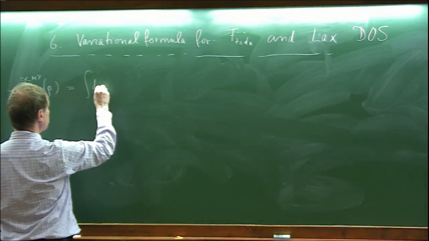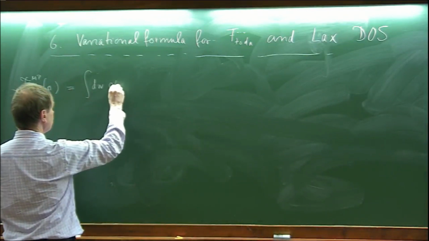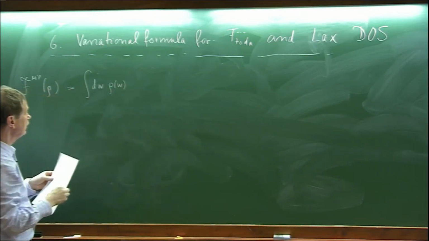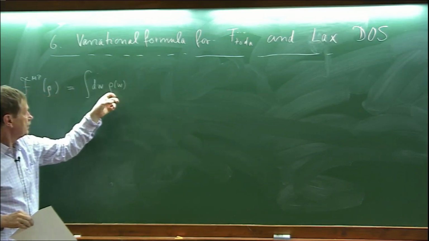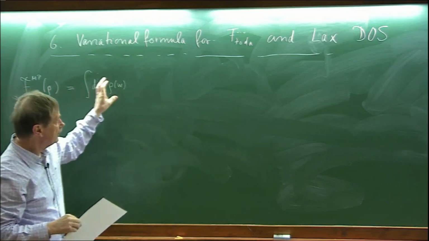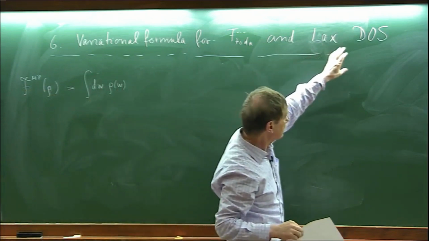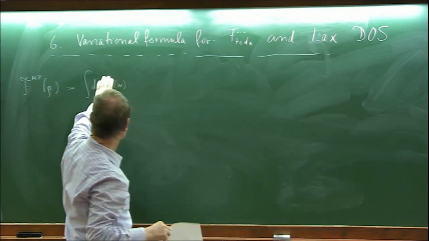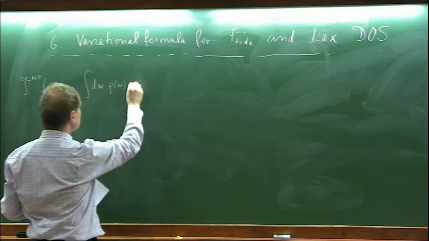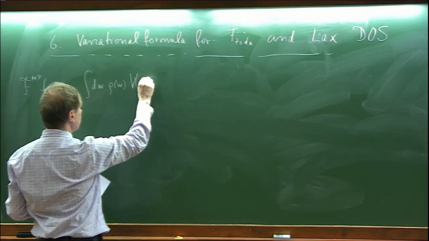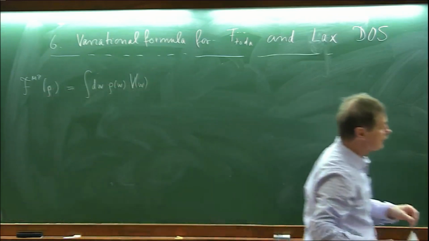So I have a dw. This is asymptotically the density of states, that's just rho of w. That's not yet the actual density of states. I have to minimize with respect to these objects. And that's the v of omega. That's just the Riemann integral corresponding to the first term.